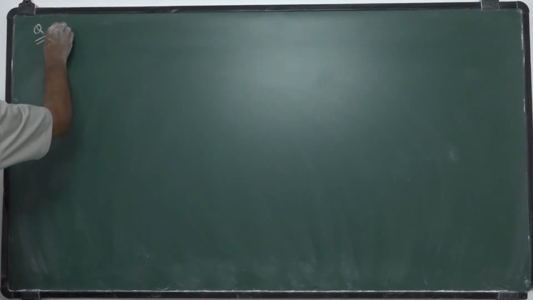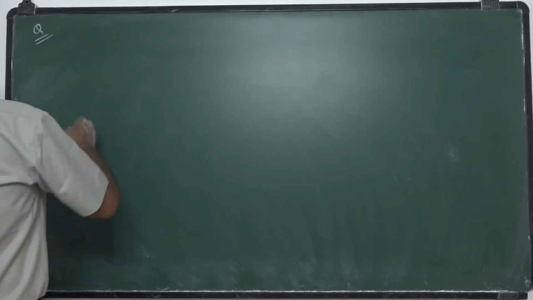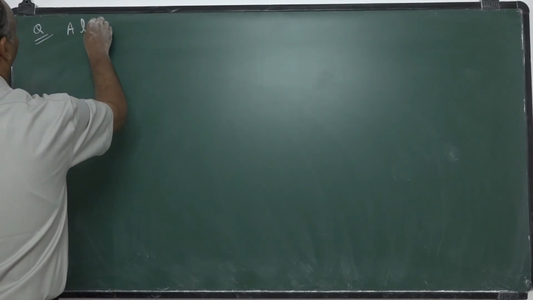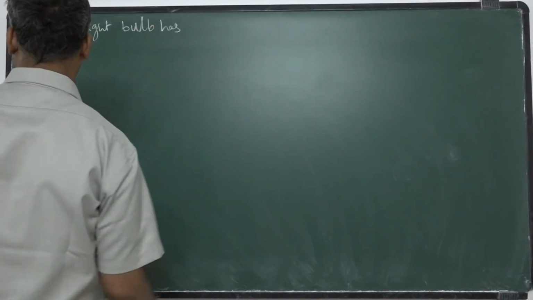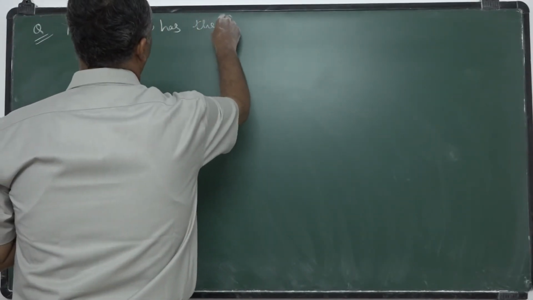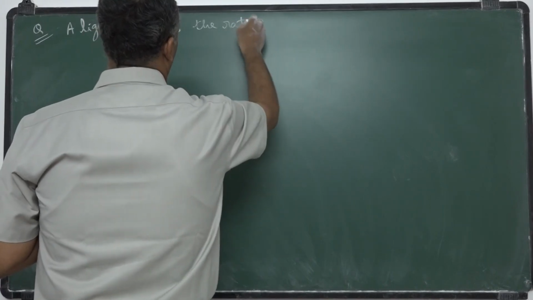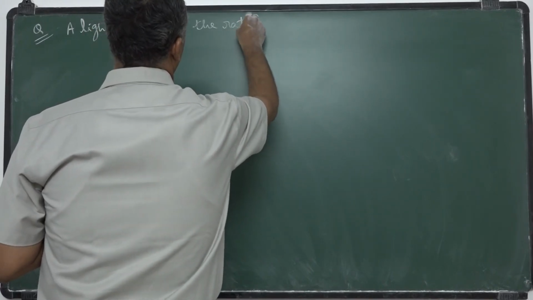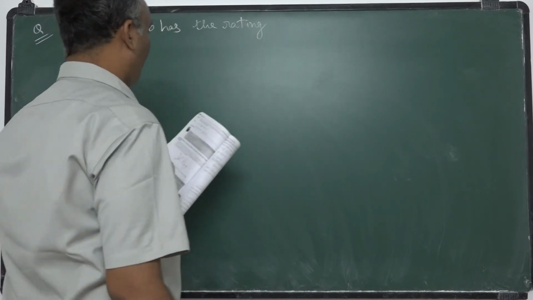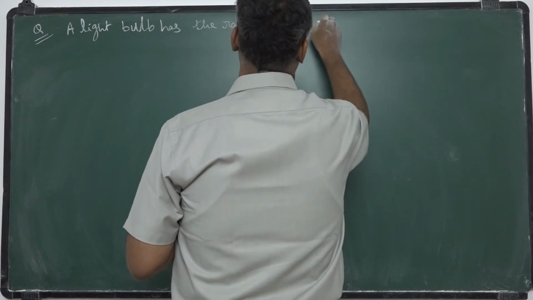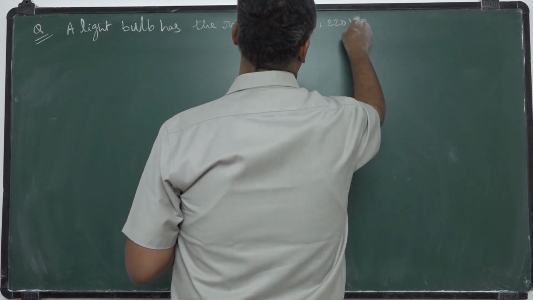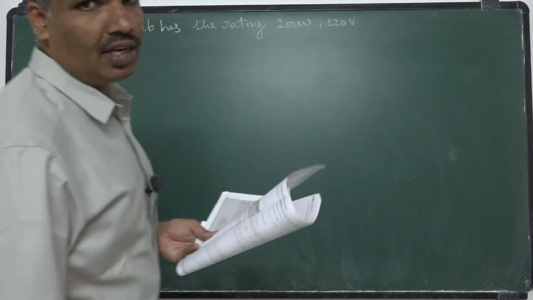Here the question is given like this: a light bulb has a rating, rating means the tag which is printed on the bulb, 200 watt, 220 volts. This is the thing which is written on the surface of the bulb.